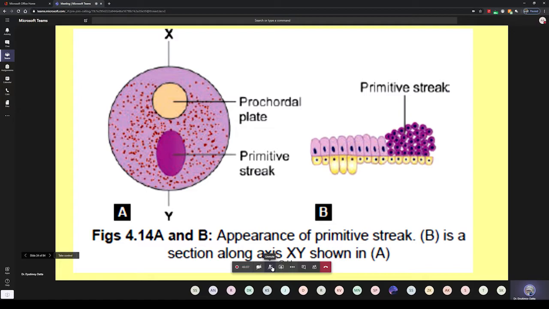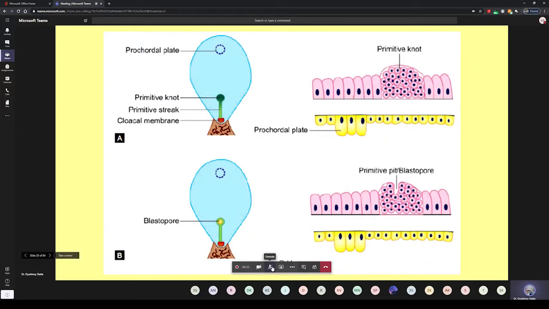This is happening in the second week because this is a bilaminar germ disc. And by the time the bilaminar germ disc is finishing its second week and we are nearing the third week, that is 14th day, second week gets over. 15th day, third week has to start. What do we get? We are getting the starting of the primitive streak and we are entering the third week.